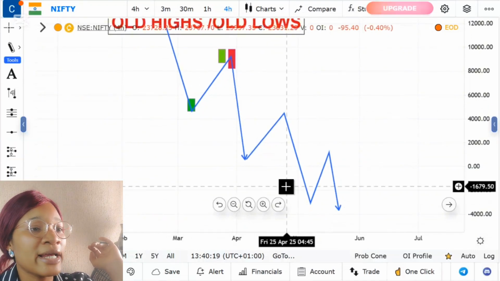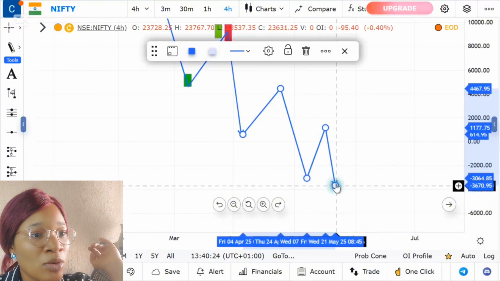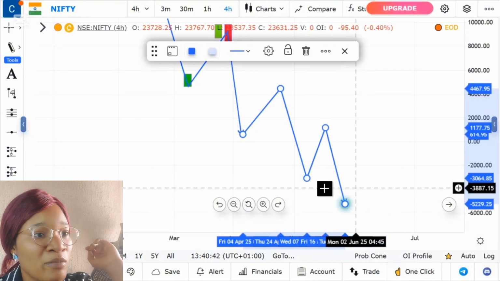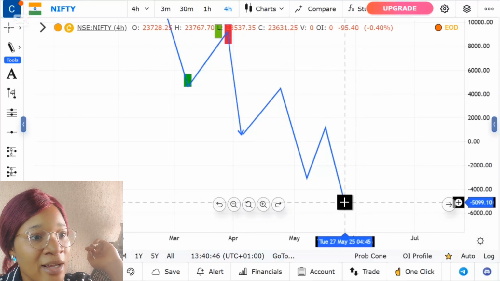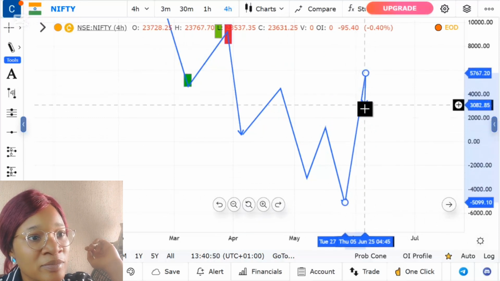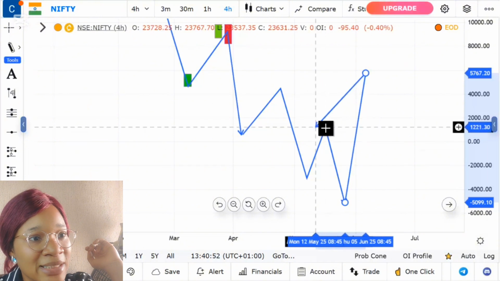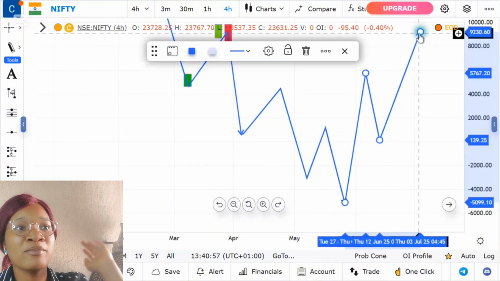Now a time will come that instead of price breaking from this low and continuing its movement, price may just come here, from here, just take off, come over to this place, and then start a buy movement.